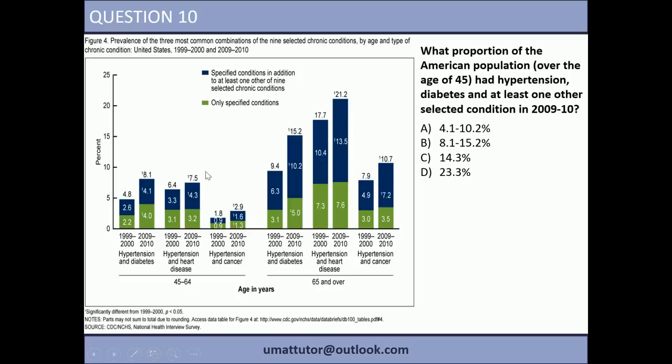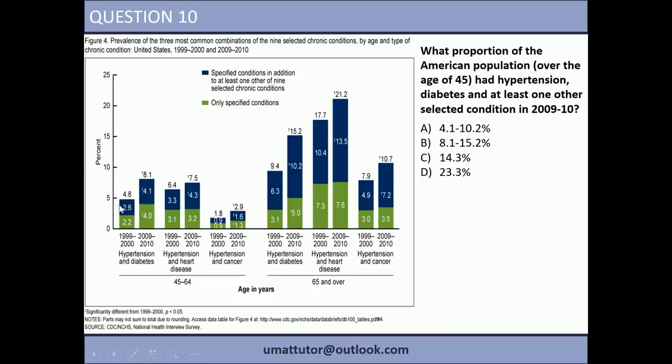So in other words, out of the 45 to 64-year-olds in the US in 2000, only 2.2% had both hypertension and diabetes, but none of the other 9 selected chronic conditions. That's the way to interpret that. That blue part there, you can see, is the specified conditions in addition to at least one of the other 9 conditions.